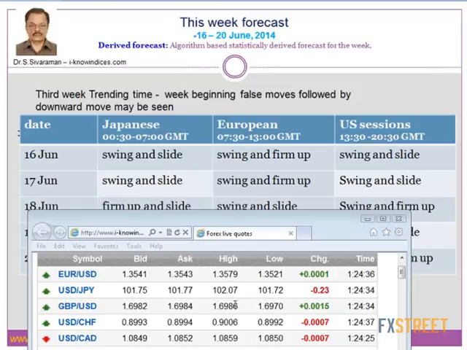Because it is a psychological level, it's easy to ask whether 1.70 will go up or come down. But you need to understand that if a lot of traders are willing to sell at 1.70, or there are a lot of sell orders there, then the players are not going to reach. If there are a lot of stops above 1.70, then the players will try to hit the stops and come down.